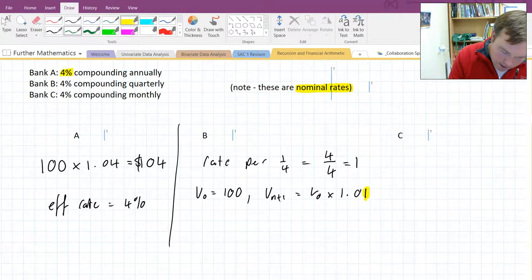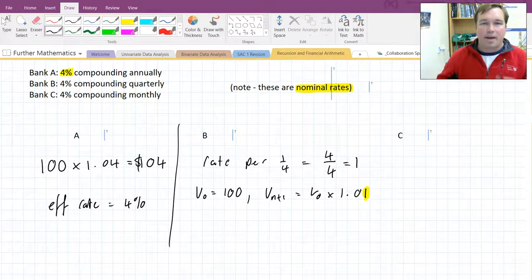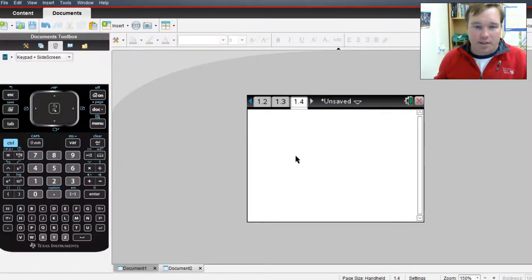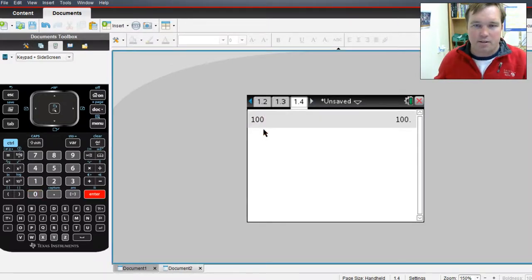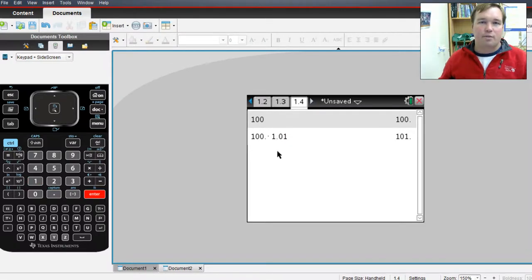So in your calculator, you can go through the table or run mode. I'll show you one way. In run mode, because this is quite an easy one, we're starting off with $100. Put in 100, easy enough. Then we do the answer multiplied by 1.01. At the end of the first quarter, we now owe $101.